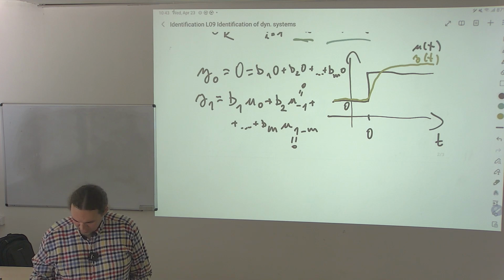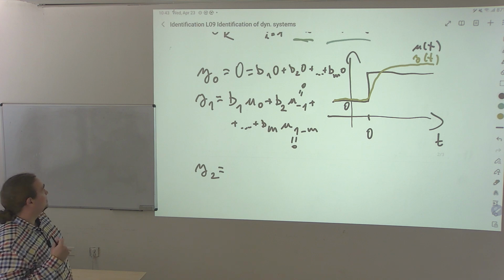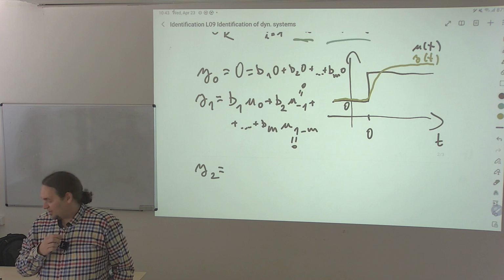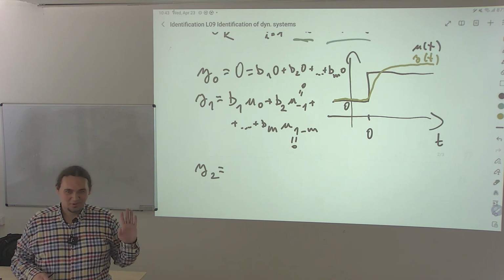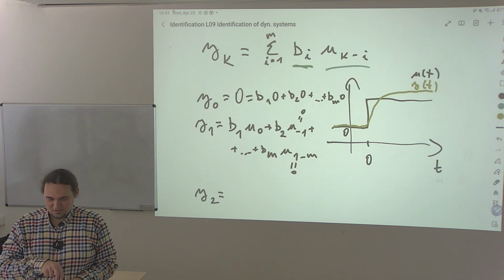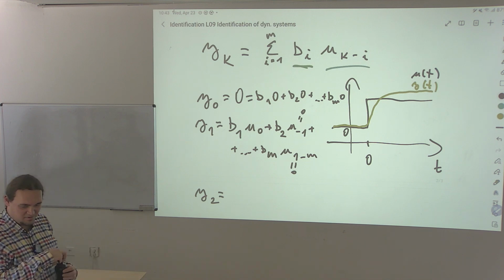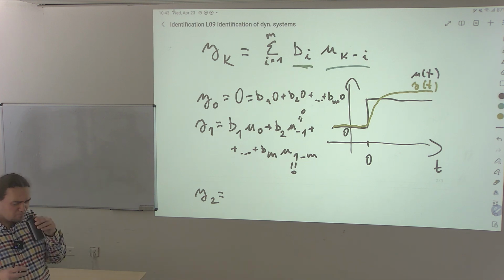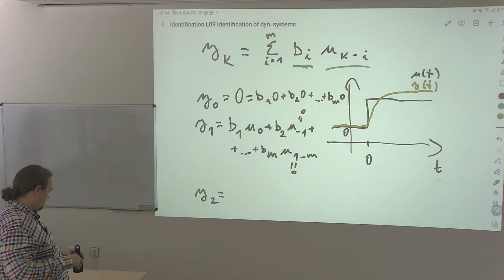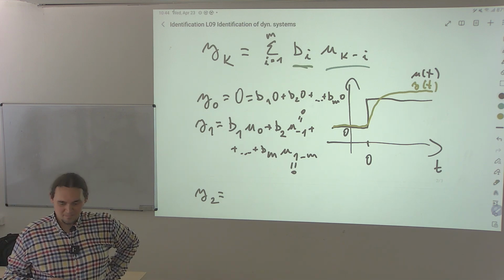Okay, let's try to do another prediction of our model. How will this one go? So only k changed. It's gonna be the same, just u is gonna have one larger index.